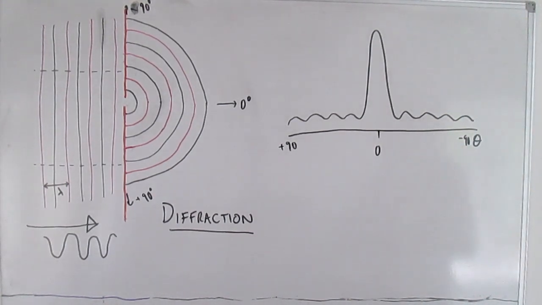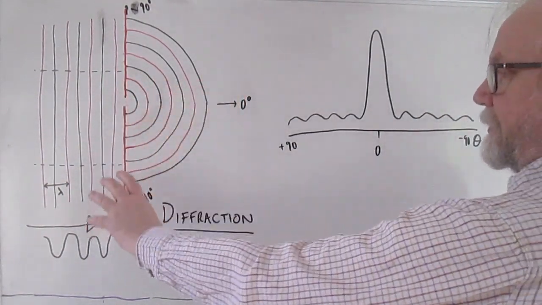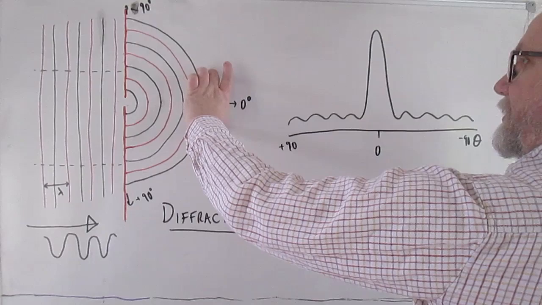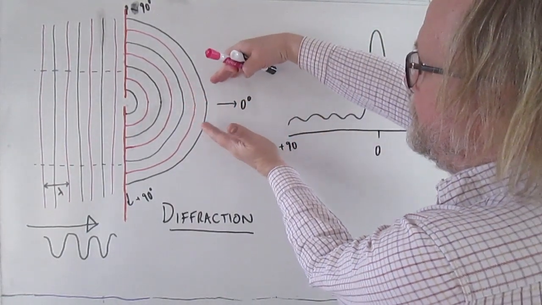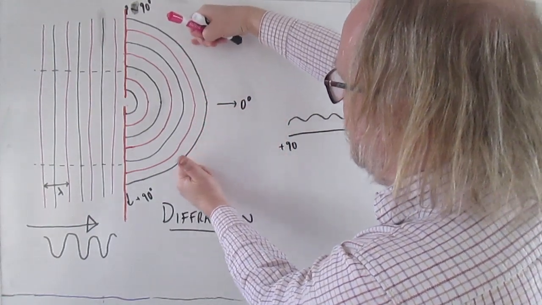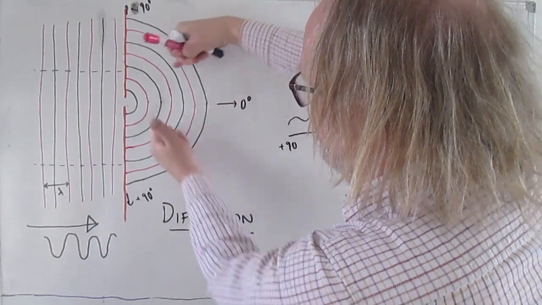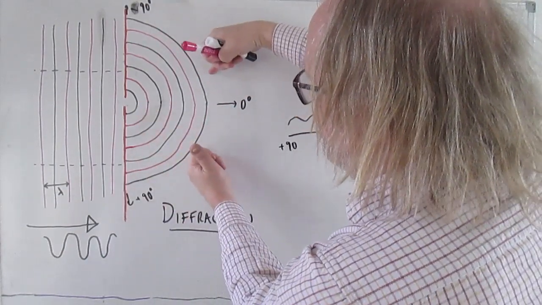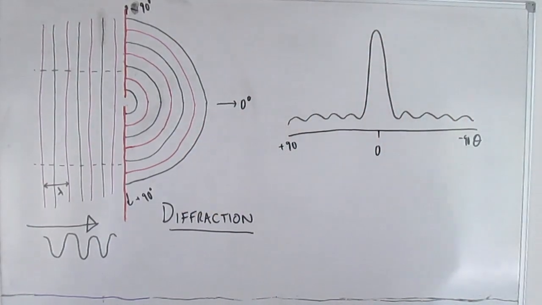Okay, so what you find is that the greatest intensity, the greatest amplitude of the waves, is going to come in some kind of central peak here. So in other words, the intensity is going to be mainly focused just in some sector of this semicircle, and how wide that sector is depends on the size of that slit relative to the wavelength.